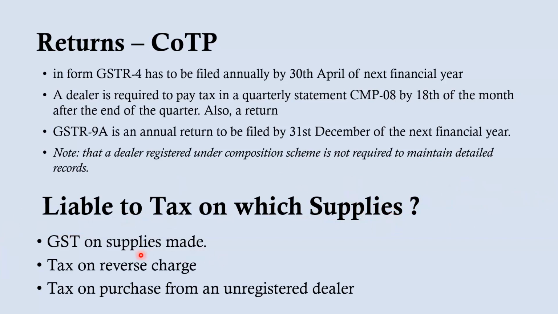Next, who is basically liable to tax on which supplies: GST on the supplies which is made, tax on reverse charge mechanisms, and the tax on purchase from an unregistered dealer.